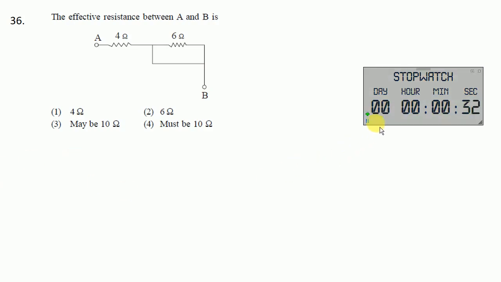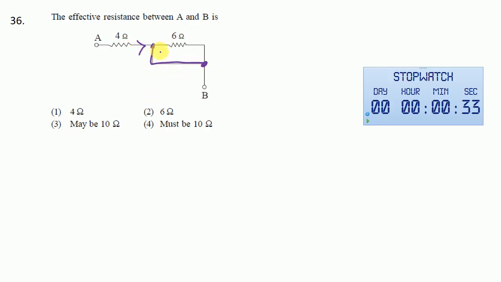Time over. Okay, now what you can see, you have to find the resistance between A and B, the equivalent resistance. Effective resistance or equivalent resistance means the same. As we move from here, you can see this point and this point are joined by a wire.